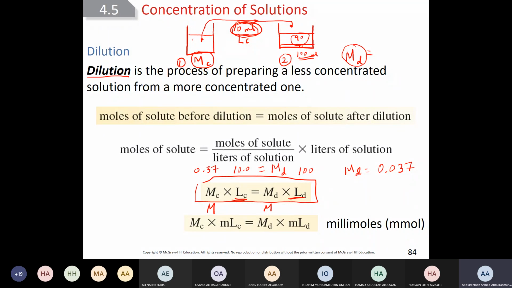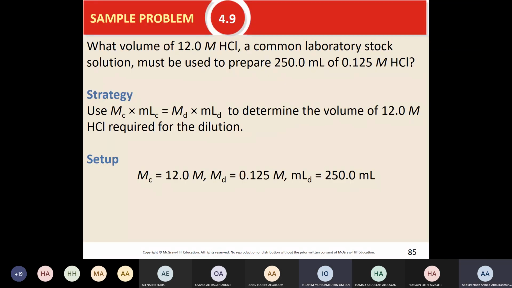So if this is in liter, LD must be in liter also. If LC is in milliliter, then LD could be in milliliter. The most important thing is that they must have the same unit, whether it's liter or milliliter. Is this clear? Good.